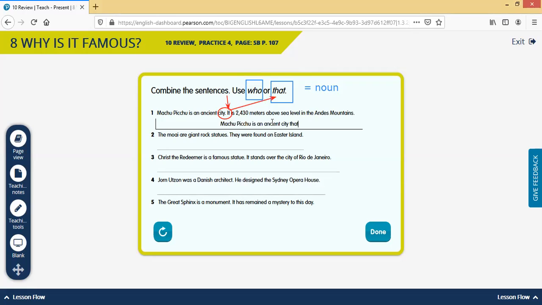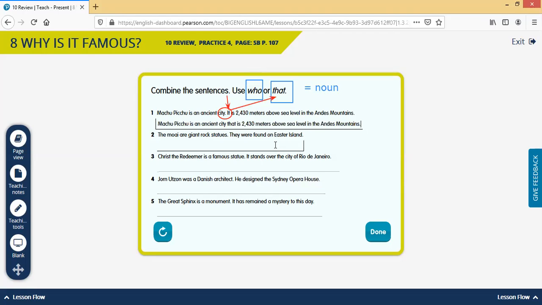Machu Picchu is an ancient city that is, and then the rest is exactly the same. 2,430 meters above sea level in the Andes Mountains. All right, that's what we have there. That's how we make that connection.